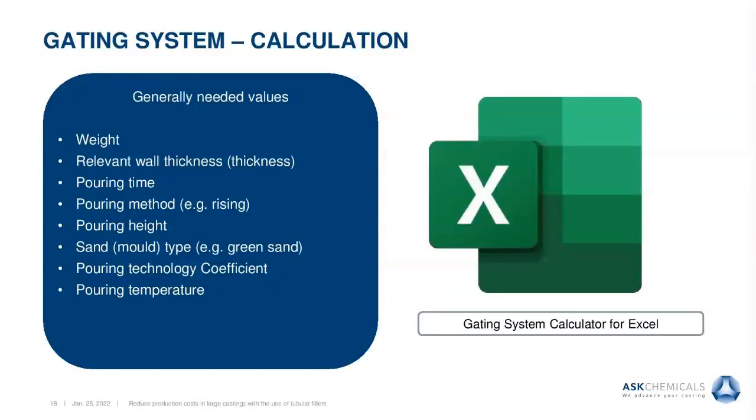There you can put in all the relevant data and choose which casting material you have: iron, steel, ductile iron, normal gray iron, high alloyed steel, low alloyed steel, carbon steel. Then you get a first idea of what you need to filter this casting. Always with the aspect that you should maybe have contact with us, because we can also give you more support so that you come to the right decision.